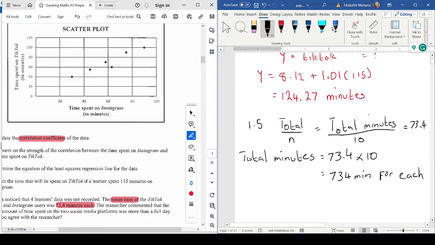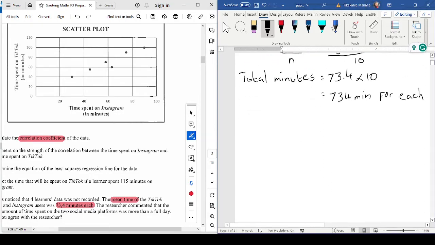Because they said each there, it means for TikTok and Instagram. So Instagram is taking 734 minutes, and TikTok is also taking 734.